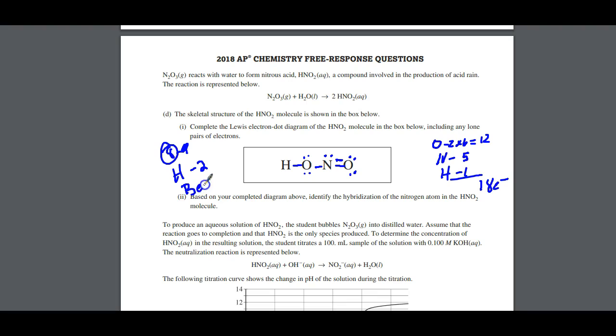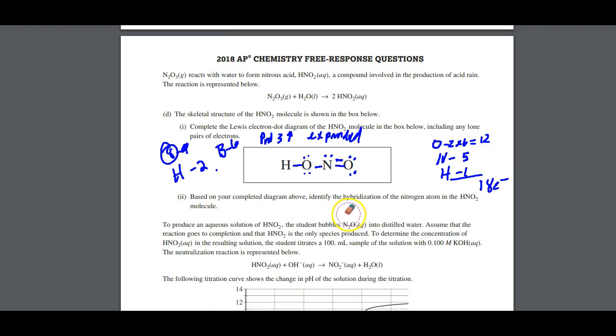An oddball is beryllium, satisfied with 4, and boron satisfied with 6, and anybody in period 3 or above can actually have an expanded octet where they can hold more. So if you did all this and everybody was satisfied, and you had extra electrons, you just plop them on the central atom.